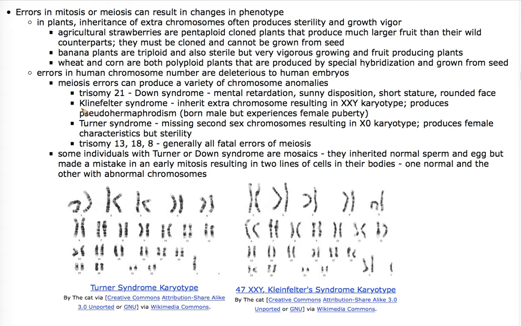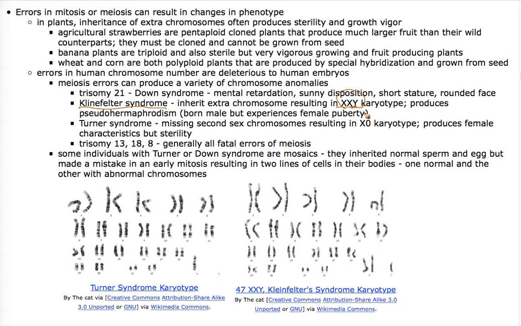Klinefelter syndrome is another one of the few chromosome anomalies that a human can survive. In Klinefelters, you have 3 sex chromosomes, 2 X's and a Y. These individuals are born boys. They're males at birth because they have the Y chromosome. But at puberty, they get a double secondary sexual characteristic maturation.